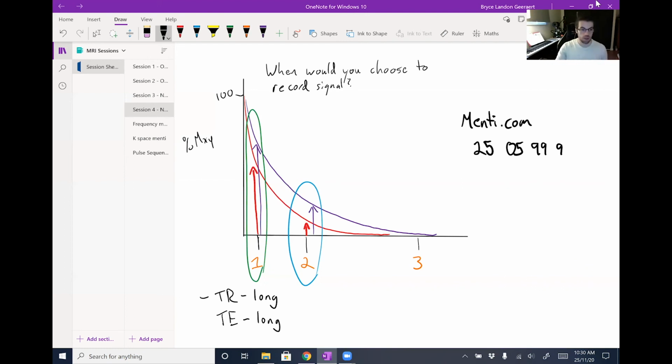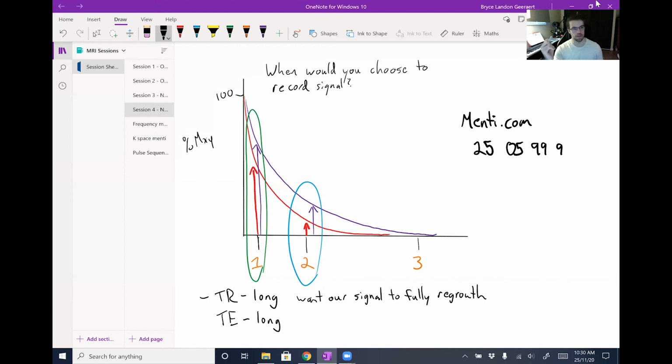So the purpose of a long TR is we want our signal to fully regrow, right? And that's by that T1 longitudinal relaxation mechanism. We don't want there to be any differences between tissues in terms of how much signal has recovered in those areas.